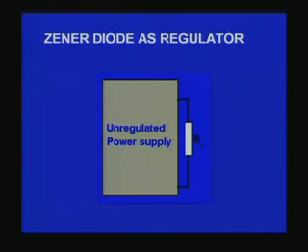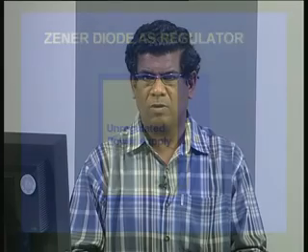Only an ideal voltage source will have no internal resistance. The Rs will be 0 for an ideal voltage source. For all other normal voltage sources that we come across, there will always be an internal resistance, even if it is a battery, for example, or a voltage cell. It will have its own internal resistance, which is non-zero.